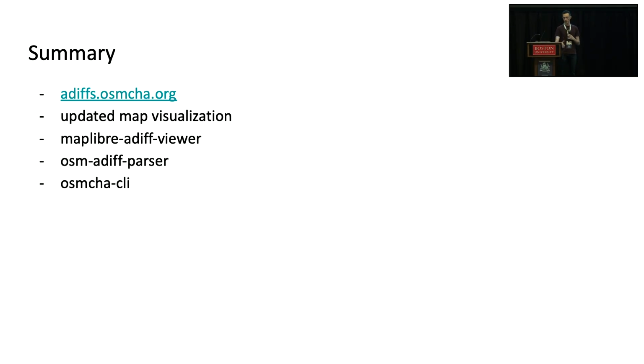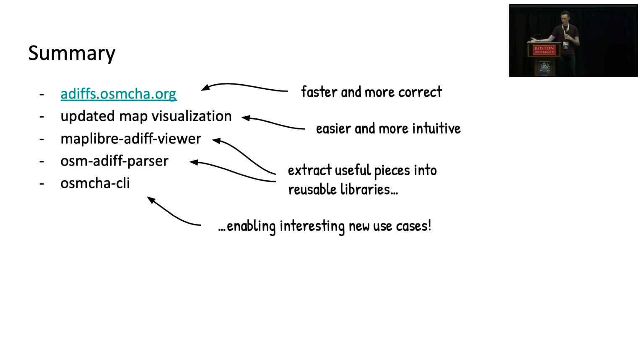There are updated map visualizations powered by some new packages that have been extracted out into separate modules that you can reuse and remix in interesting new tools, like the command line tool, which you can use to visualize any augmented diff, not just the ones provided by the OSMCha ADIFF service. So the theme here is trying to make OSMCha faster and more correct, easier and more intuitive for new users, and to pull pieces out of it that do useful things into standalone modules that enable interesting new use cases.